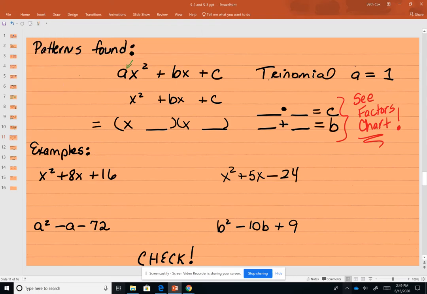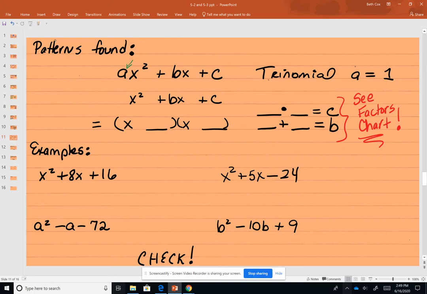We've got 3 numbers in our trinomial. And notice the pattern. We've got an x squared, then we have a plain x, and then we have something with no x. So make sure you study that the problem is going to look like this. And the A is going to be 1, right? Because we also have to learn when A is not 1.